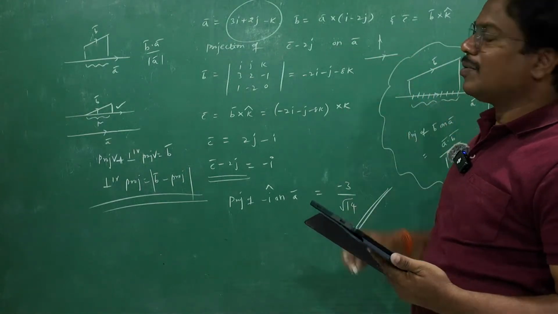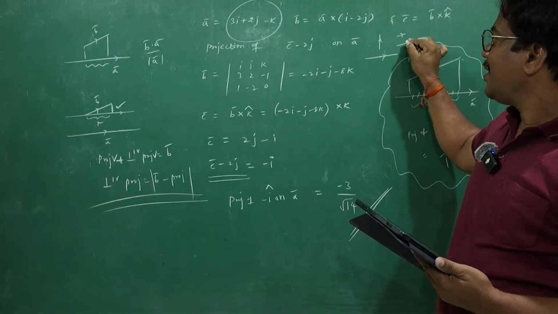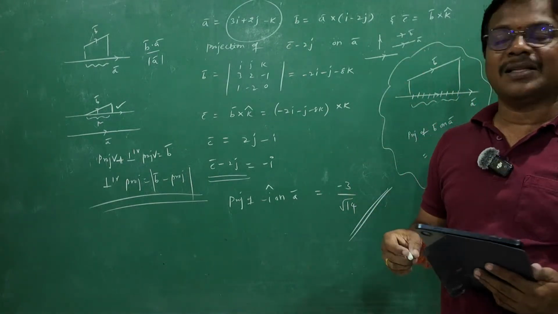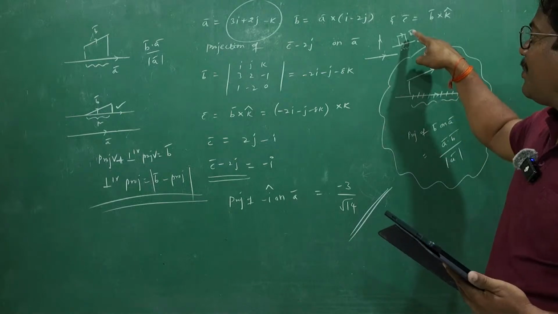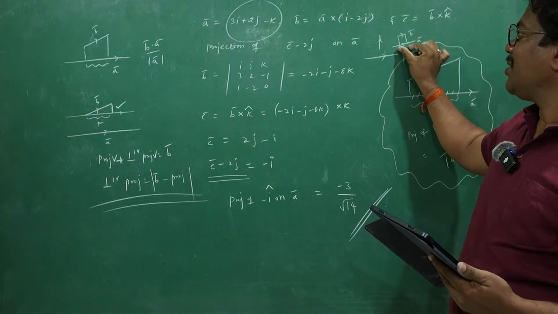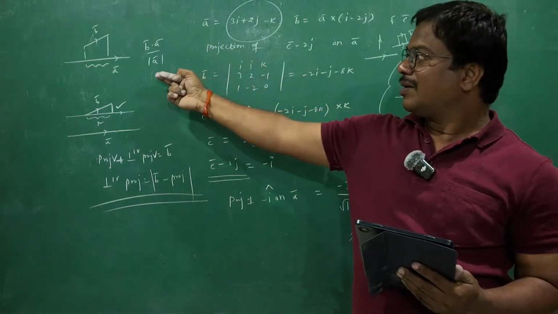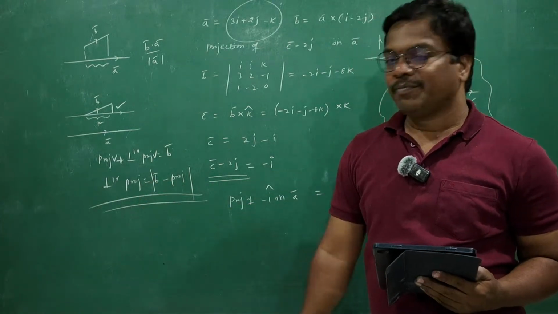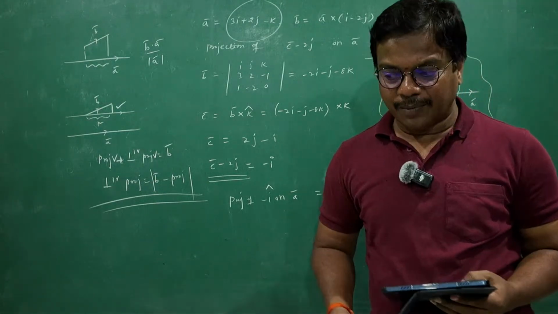It is 0; the projection is 0 whenever they are perpendicular. In case B bar is parallel to A bar, then the projection is as it is the length of B. For parallel, if B is along A, you get the same length as projection. If it is perpendicular, 0 projection. Next, the basic definition B dot A by mod A. Perpendicular projection is the modulus of B minus the projection vector. Okay. Next question from inverse trigonometry.